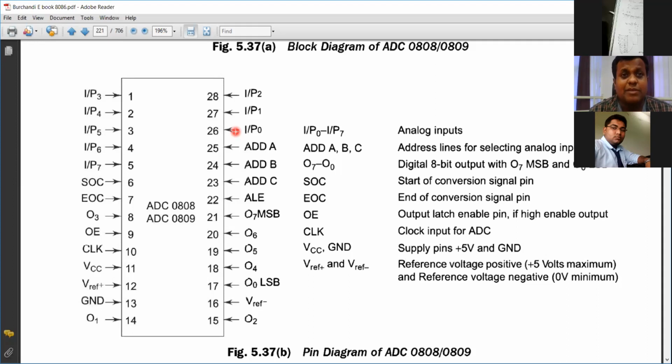But remember, this sensor gives only an analog signal, not a digital signal. So how is this sensor connected with a microprocessor or microcontroller? ADC is used as a bridge between the analog world and the digital world.